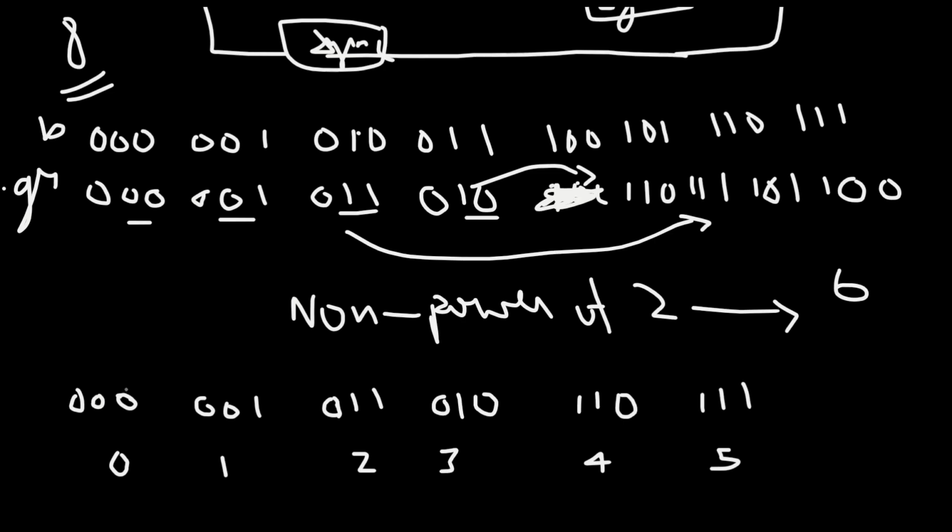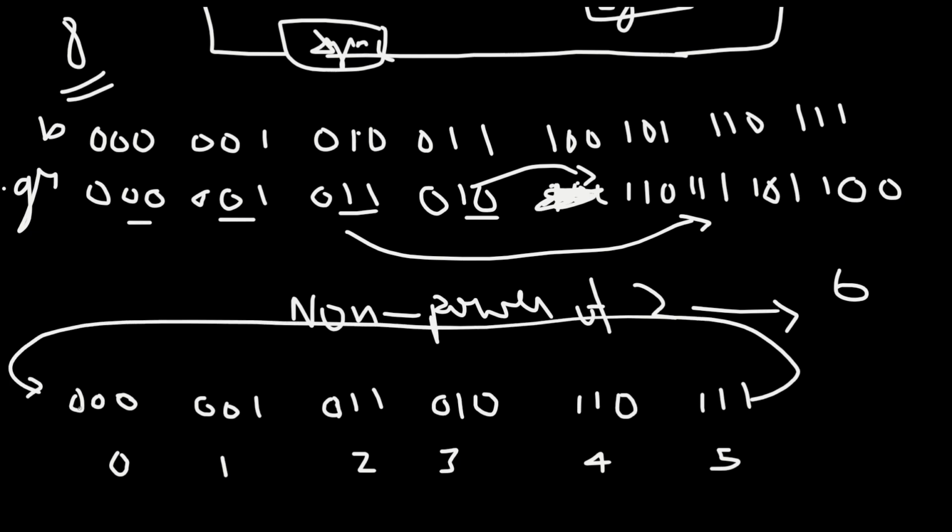What you observe is that when we go from 0 to 1, its distance is 1. 1 to 2, distance is 1, and here again 1. But if you see when it rolls over, from 111 to 0, all the 3 bits are changing. So the distance here is 3.